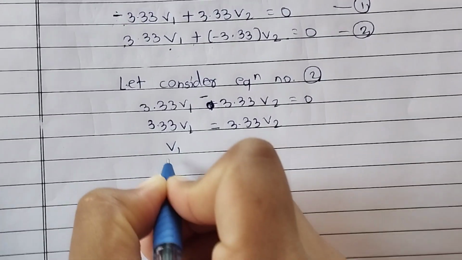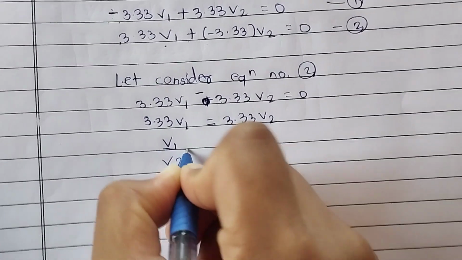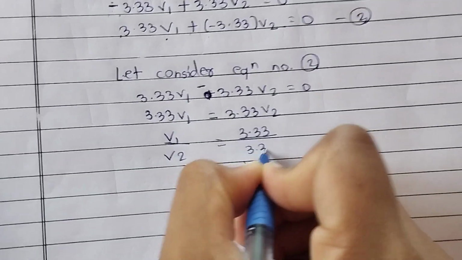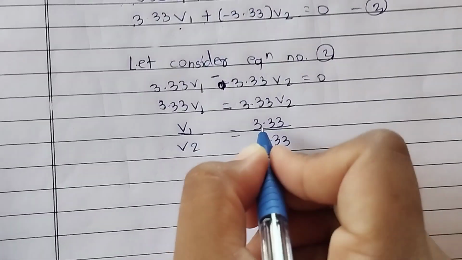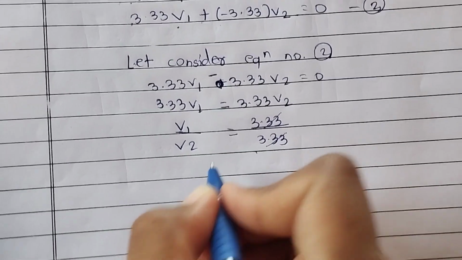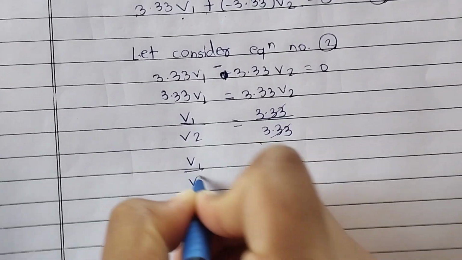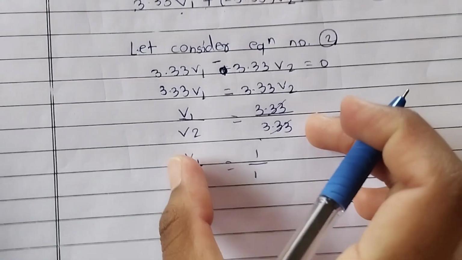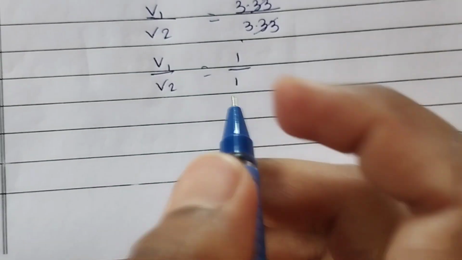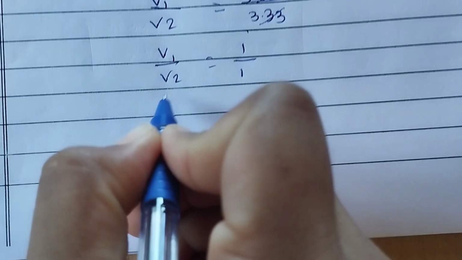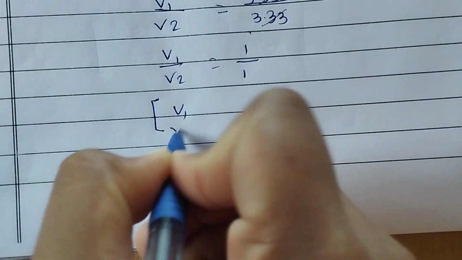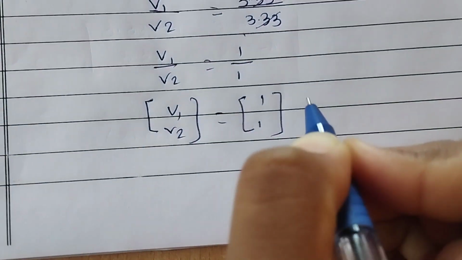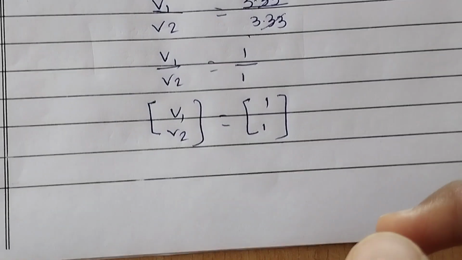So V1 V2 divided by V2 is equal to 3.33 divided by 3.33. So these cancel each other. So now V1 by V2 is equal to 1 by 1, and this term you write in the form of the vector now. So this is now like this: V1 V2 is equal to 1 1. This is the vector form.